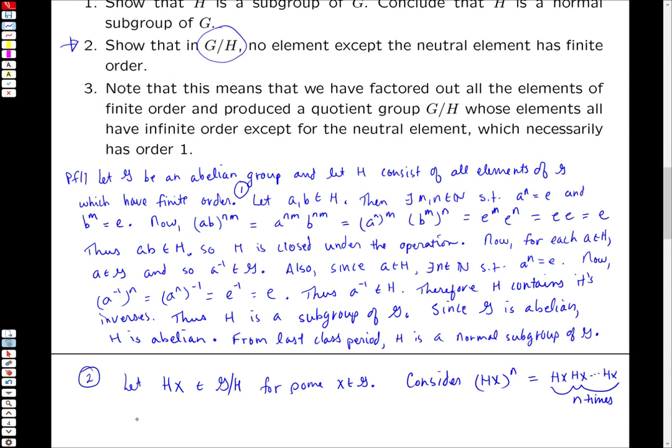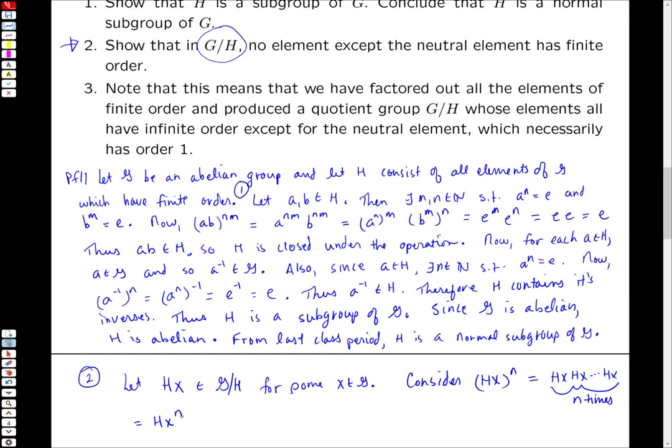But from last time, I know that that's going to be equal to Hx to the n. You don't multiply the H's, it's just the x's that end up getting multiplied. So I have to look at Hx to the n. How do I determine the value for n?